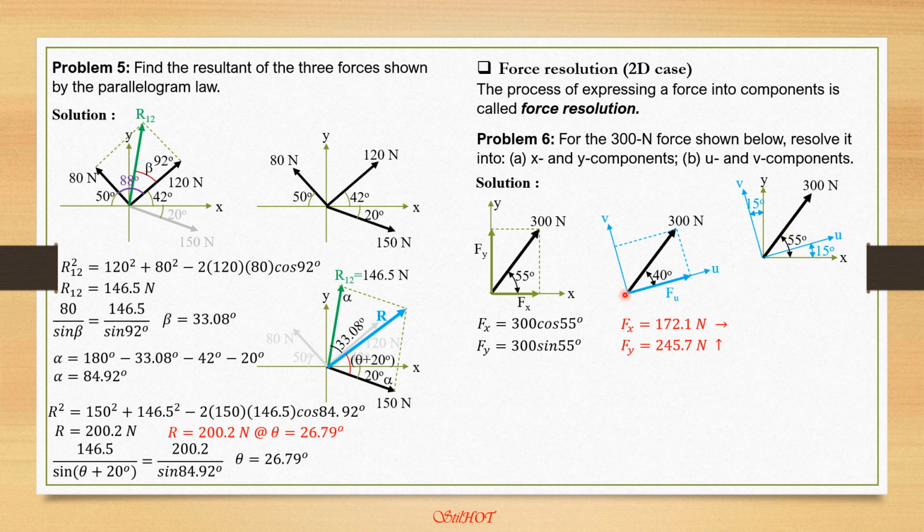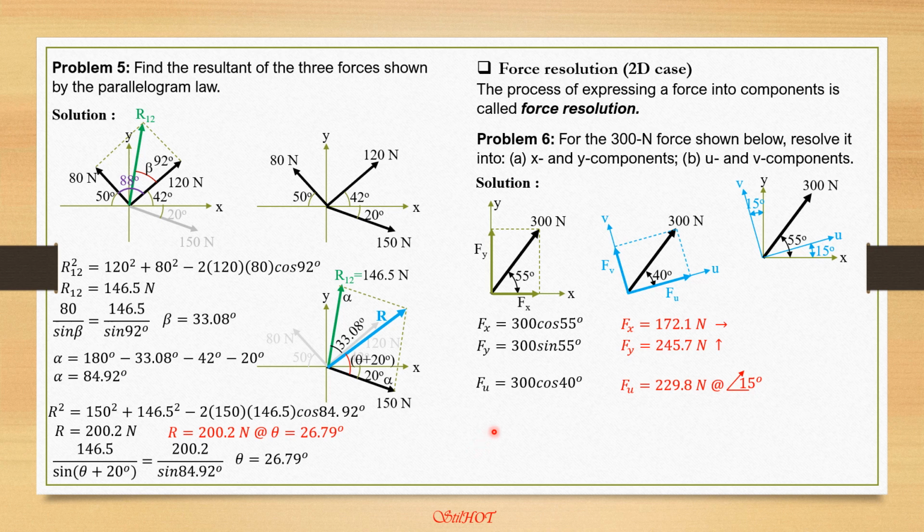So this is the U component of the force, which is hypotenuse 300 cosine of 40, and the FV component is hypotenuse 300 sine of 40. So FU is 229.8 newtons at, of course, 15 degrees.